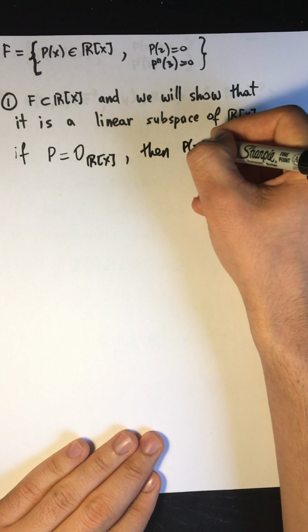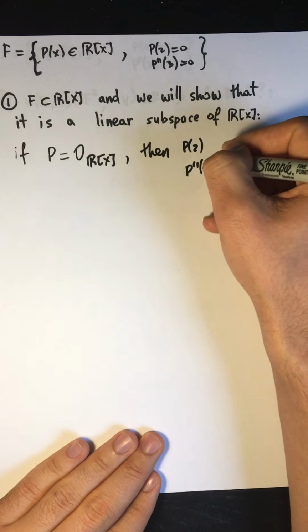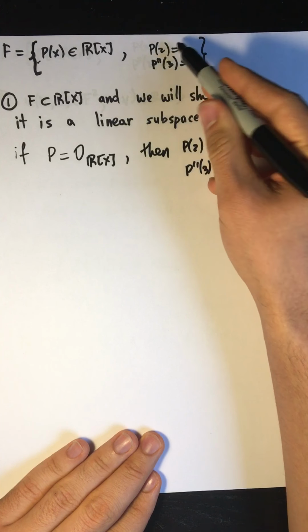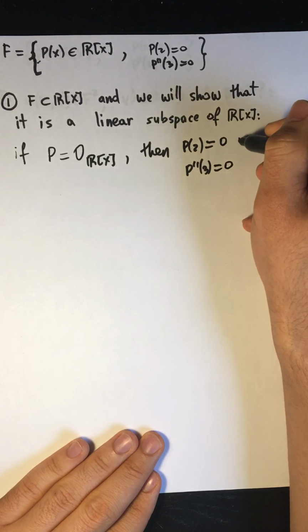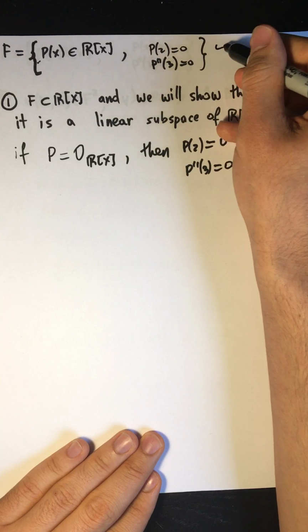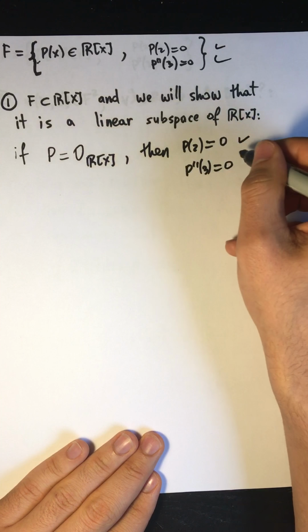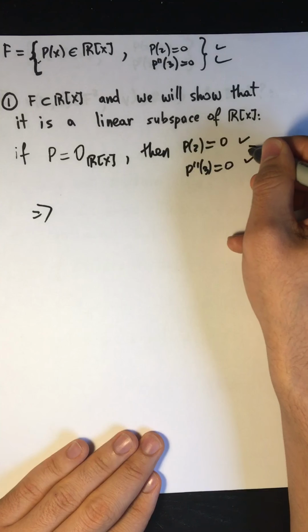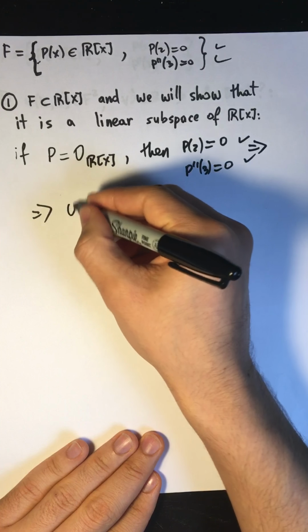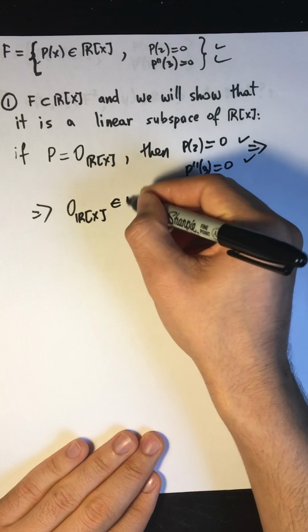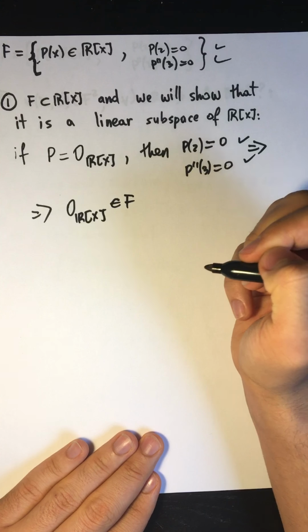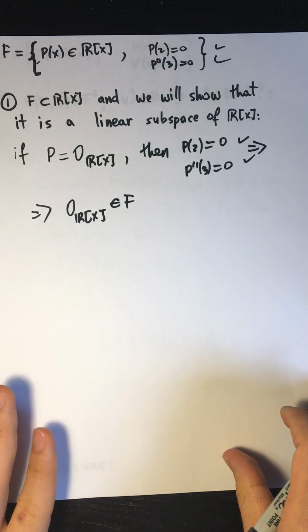Let's check P(2) and P''(3). Because P is 0, these are equal to 0 and 0, so the condition is satisfied. From this we can decide that the zero polynomial is in F. It's quite easy.